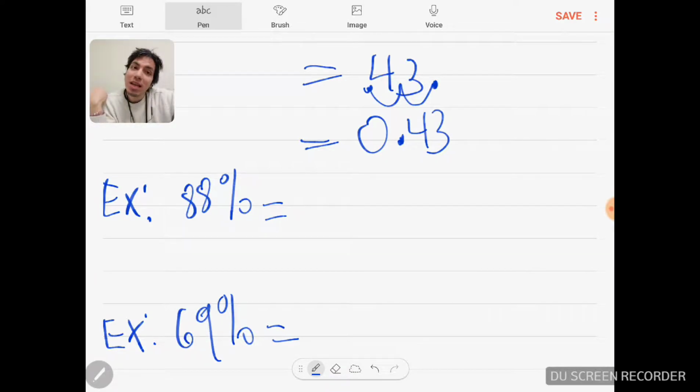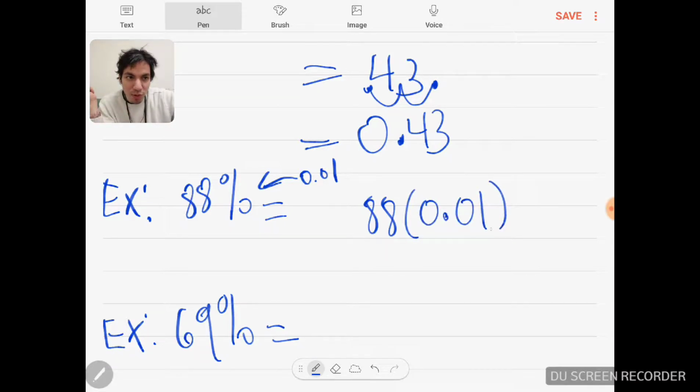88%. You do the same idea. You change the percent symbol to 0.01, so 88 times 0.01. After you multiply, or do the technique by moving the decimal point over 2 times to the left, I get 0.88 as my answer.